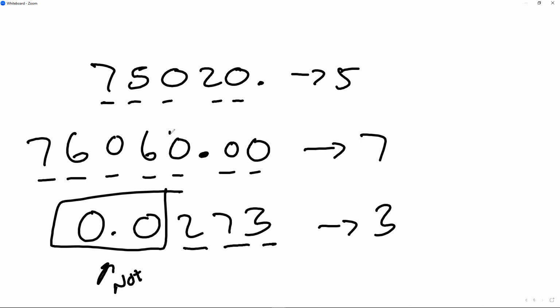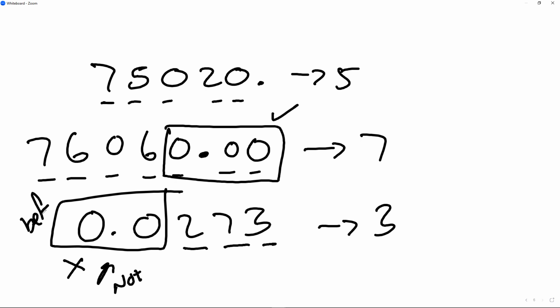But if the zeros come after the numbers and there's a decimal, then it is significant. It's not significant if it comes before, but it is significant if it comes after a number when you have a decimal.